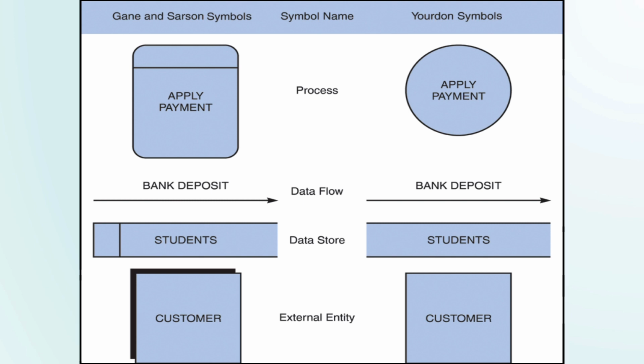The last symbol is the external entity symbol. Gane and Sarson use a shadow behind the rectangle, while the Yourdon symbol has no shadow behind the external entity symbol.